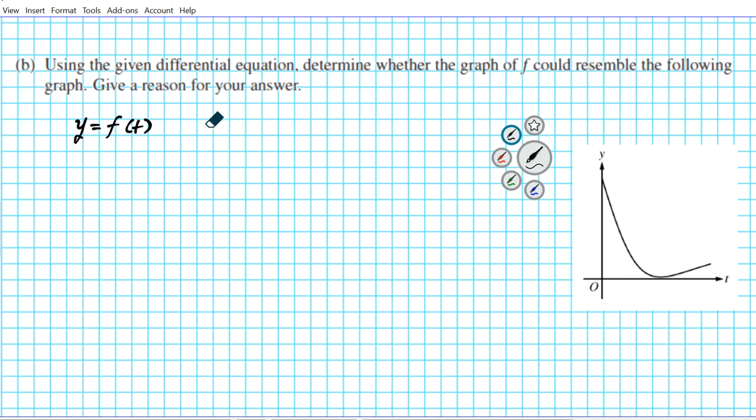This equation satisfies the differential equation dy/dt equals negative 0.02y squared. Okay, so if this is a differential equation, can this graph represent a particular solution? That's what the question is asking.